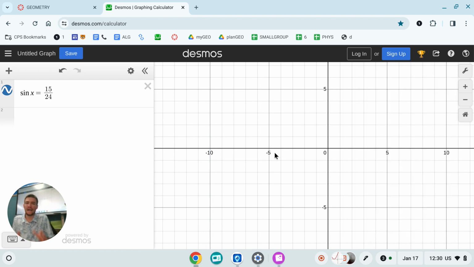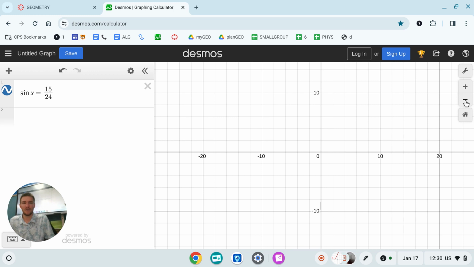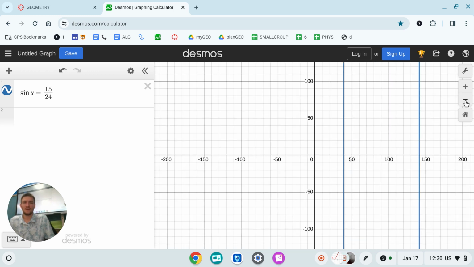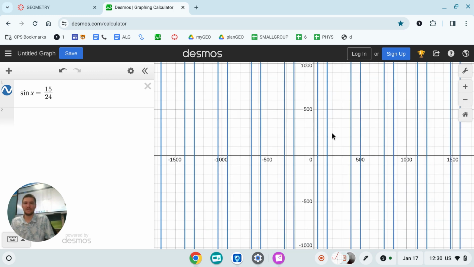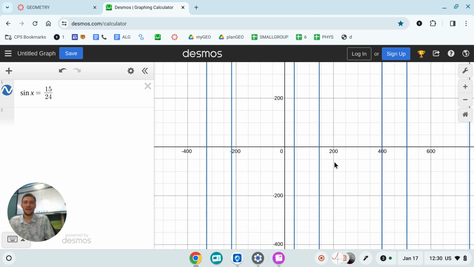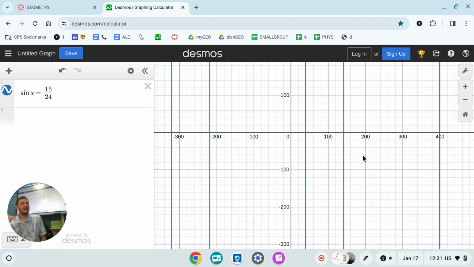My answers are going to disappear a little bit. Okay? They didn't actually disappear. I just need to zoom out. And then we're going to see pretty much the same picture if I zoom out really far. And now we have a whole bunch of stuff, and these lines represent the angles of a triangle.